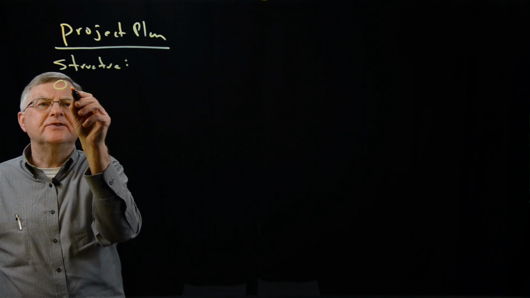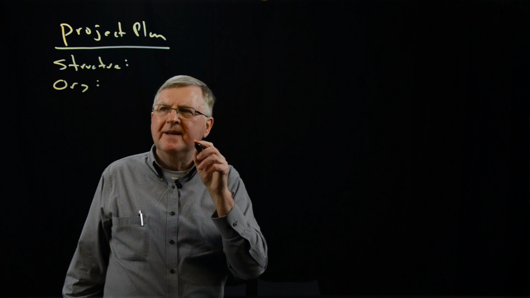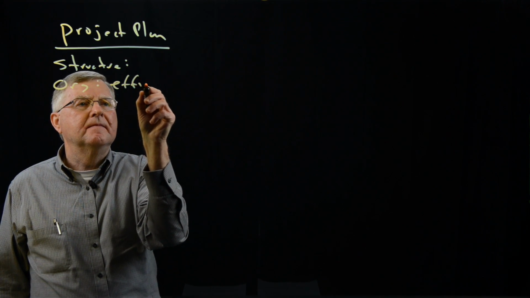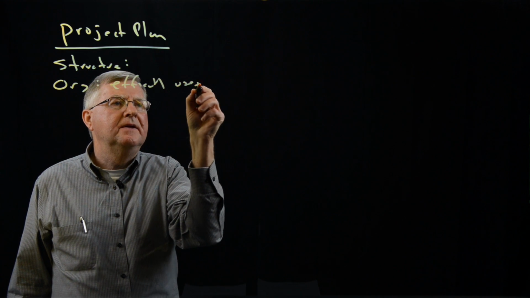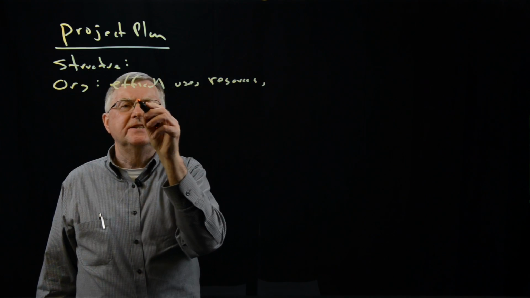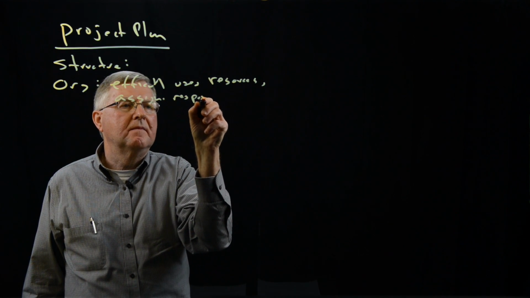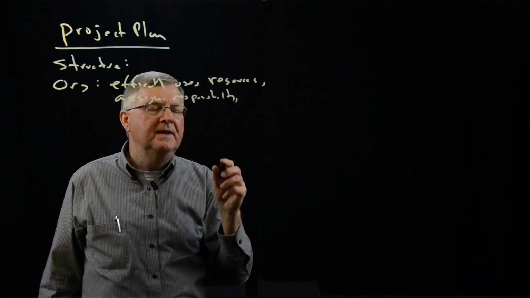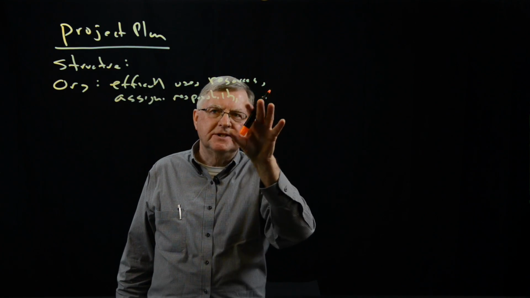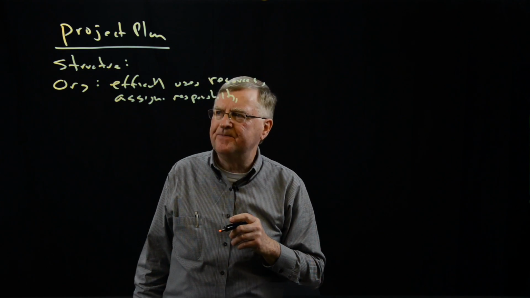The organization structure is important because it's our way of efficiently using resources and assigning responsibility across the various members of our team who represent the human resources for our project.